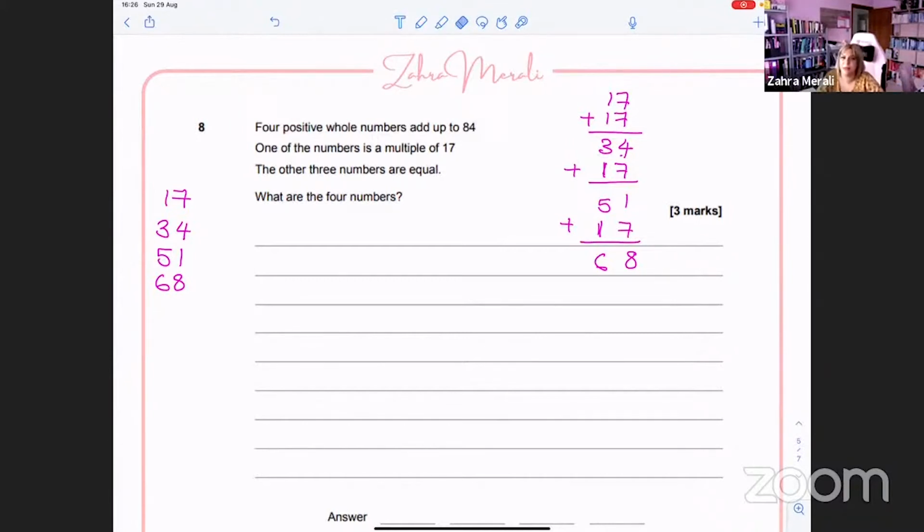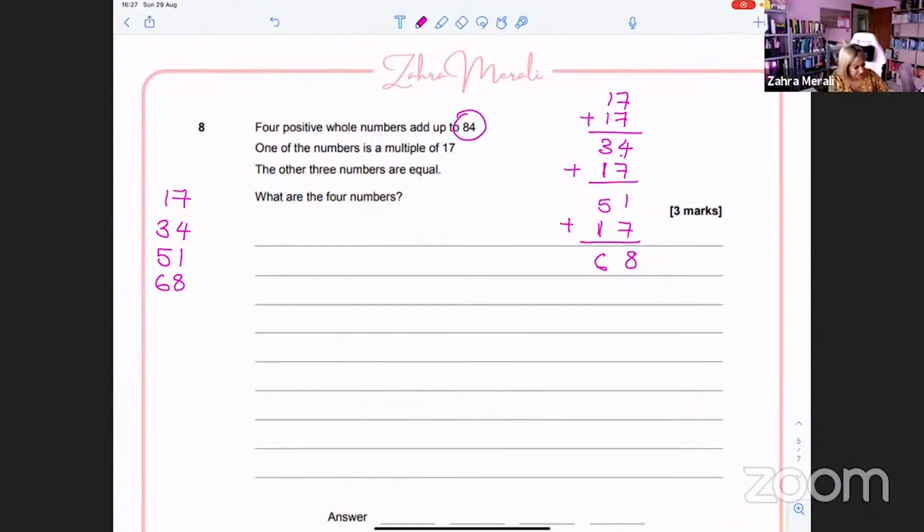So if we're taking away 17 or 34 or 51 or 68, we want to be left with a number that divides by 3, because there's only going to be 3 numbers left. Okay, well, we can just try a few. That might be the easiest thing because there's only a few here.